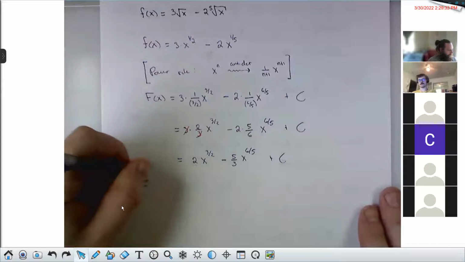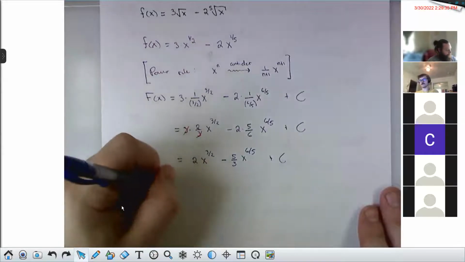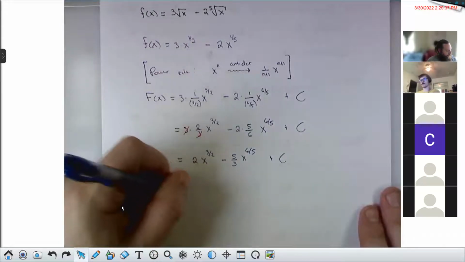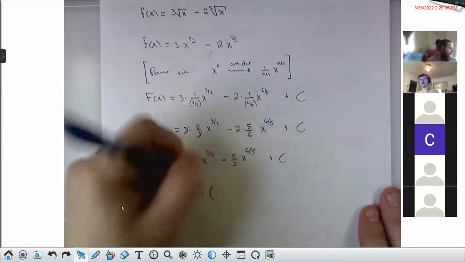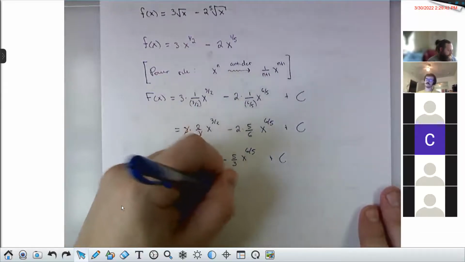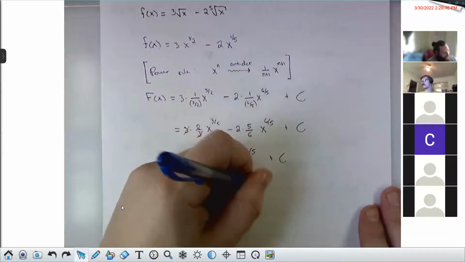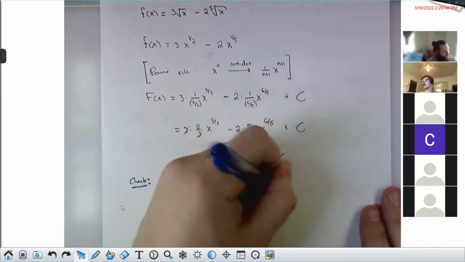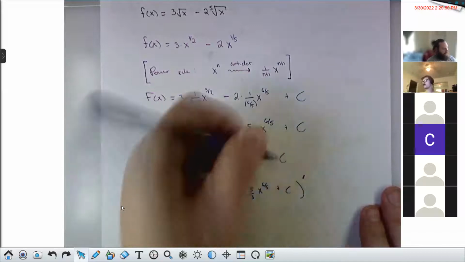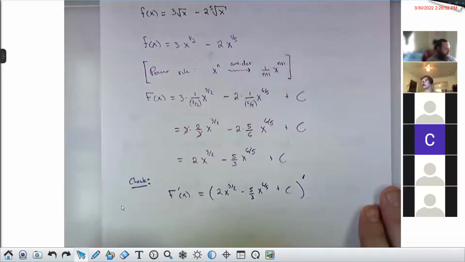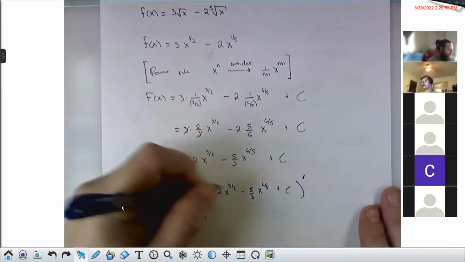I'll do it here. Big F primed would be parentheses 2x to the 3/2 minus 5/3 x to the 6/5 plus c, all primed. We've done so much of this at this point, it should be very quick now.